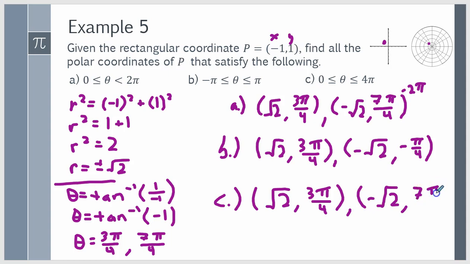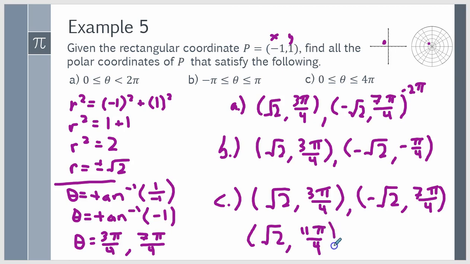So we're just writing down all of the coterminal angles with these until we end up with ones that are either too big or too small. So now if I add 2 pi to this value, the r value is not changing, but if I add 2 pi or 8 pi over 4, this would be 11 pi over 4. And if you think of 11 over 4 as a decimal, it is less than 4.